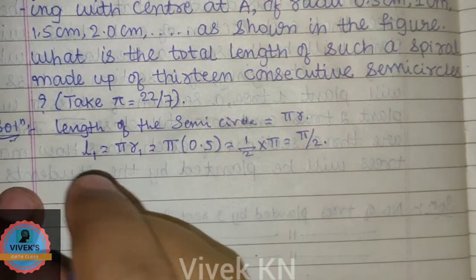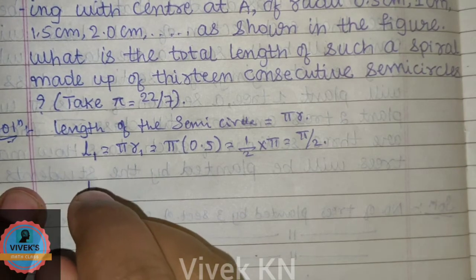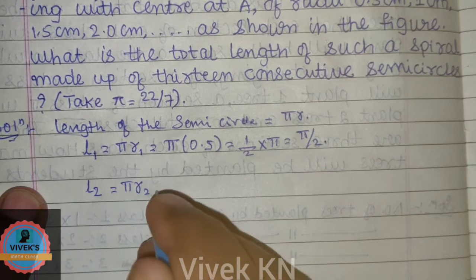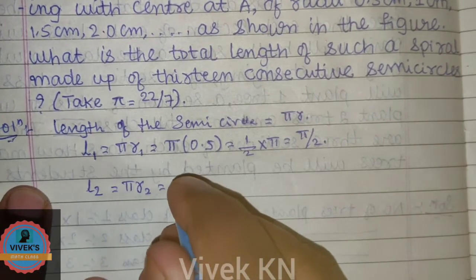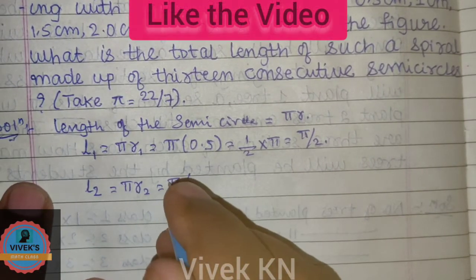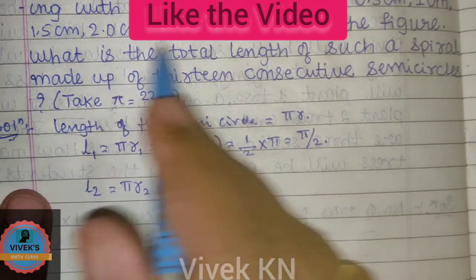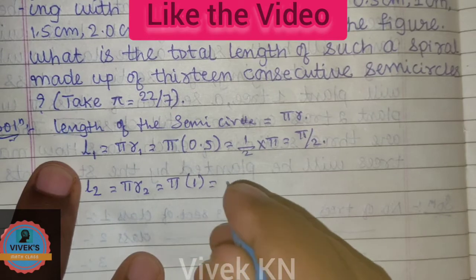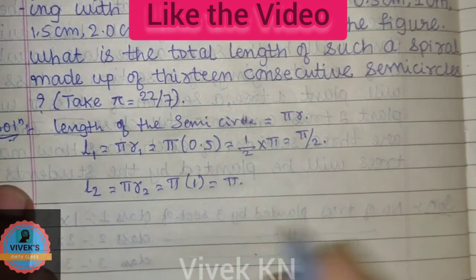Next, length of the second semicircle is equal to pi into r2, that is pi into the radius of the second semicircle, which is 1 centimeter, which is equal to pi into 1, that is pi.